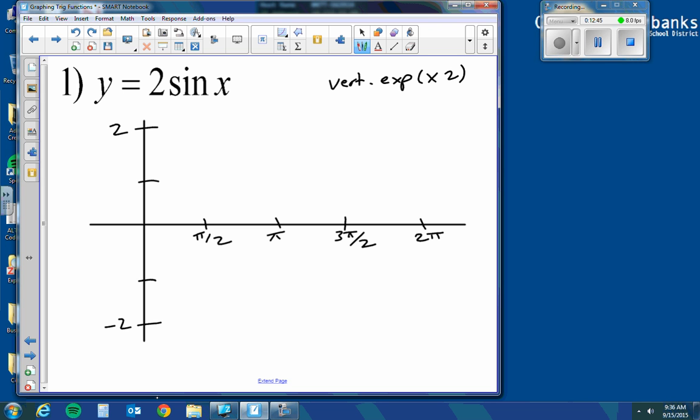And just draw your sine graph. It starts at the origin like normal. Sine of 0 is 0, right? And then instead of going up to 1, it's vertical expansion, so it goes up to 2. And then it's going to go back to 0, because 0 doubled is still 0. And then instead of going down to -1, it goes down to a minimum of -2. So it's easy.